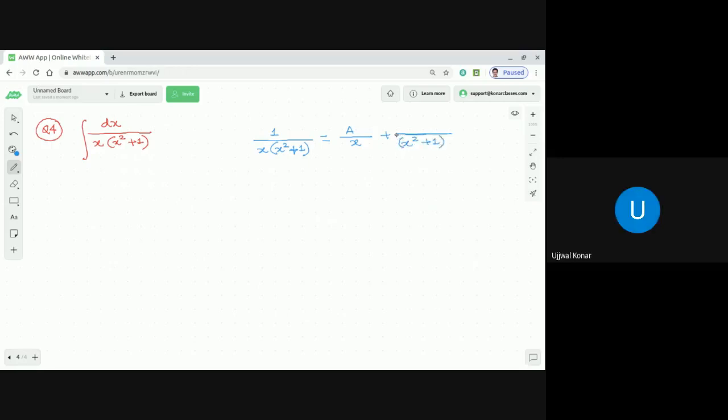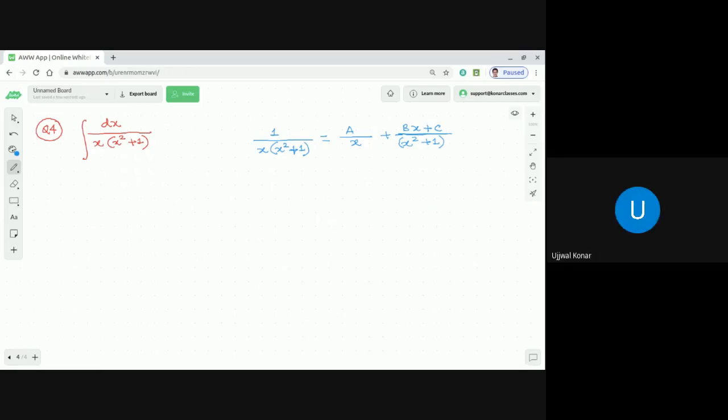But as the denominator is a quadratic expression, I should write in the numerator a linear expression, 1 less than the degree of the denominator expression. The denominator is a polynomial of degree 2. So in the numerator I should have a polynomial of degree 1. So what is the polynomial of degree 1? Bx plus c. Correct or not, students? Yes. Absolutely clear.